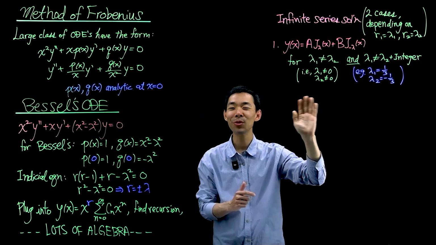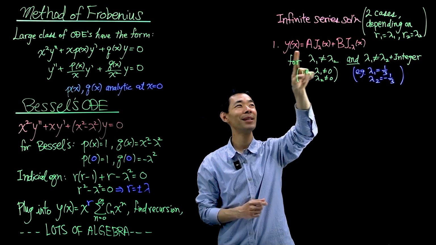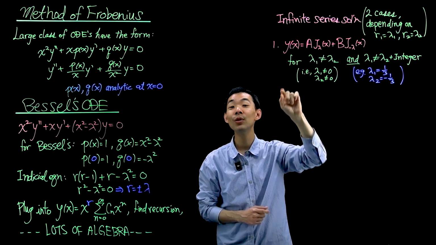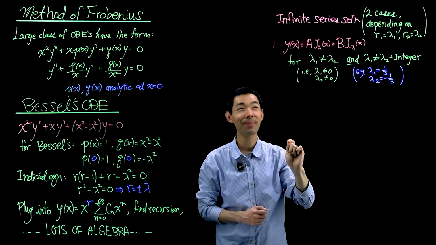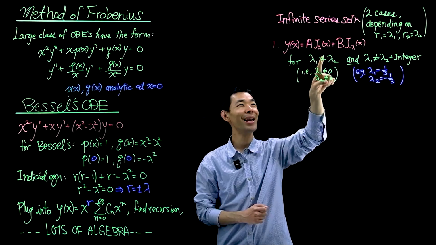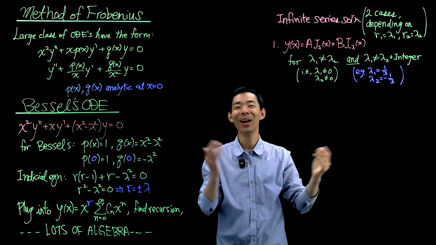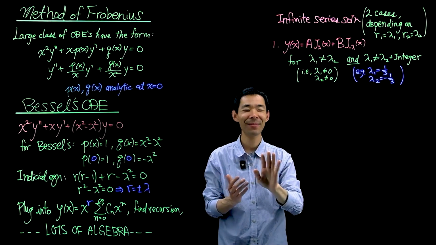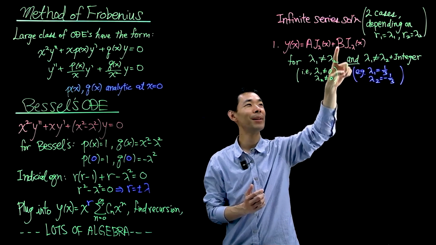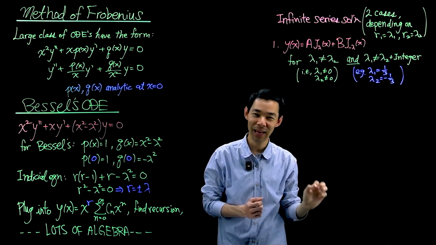The actual solution, which we haven't talked about yet, is written here in pink. So the two linearly independent solutions would be J sub lambda, whatever that is. I'll explain in a minute. And your other linearly independent solution is J sub negative lambda.